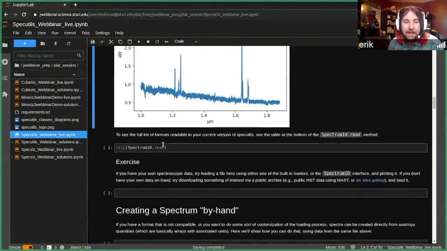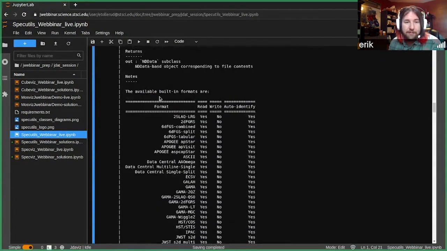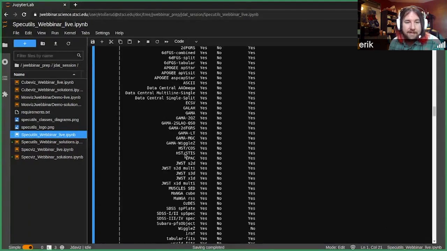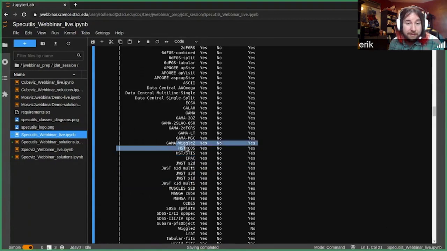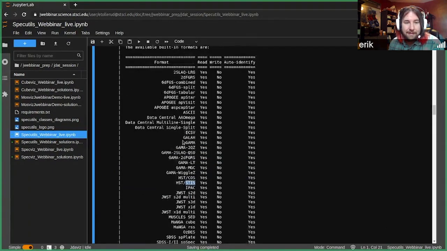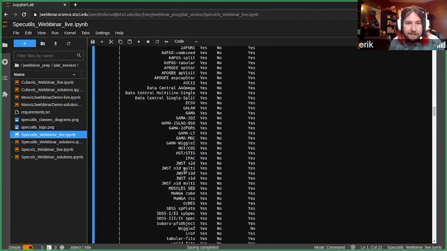And there's actually a lot of things other than JWST that have functioning readers. So in this cell here, I called the help on the reader method. That shows the help, but most importantly includes this table here that lists all of the available readers. You can see some of them are JWST, but some of them are things with actual real data, like HST, several different ground-based data sets, including Sloan and so on, that were all provided by someone, generally at one of the institutions that supports these instruments.